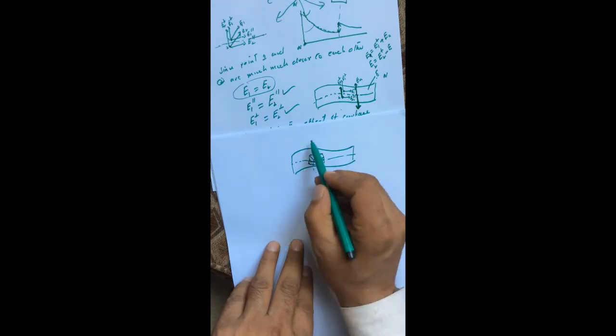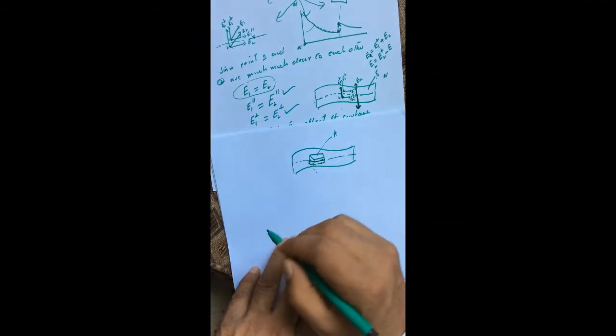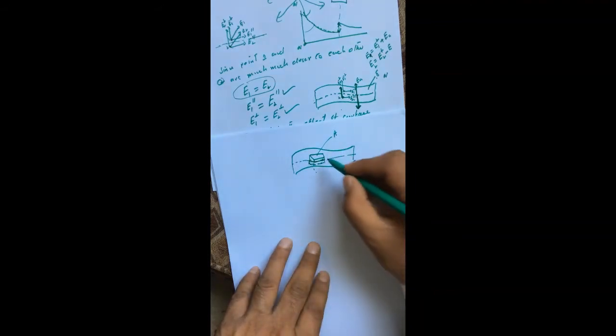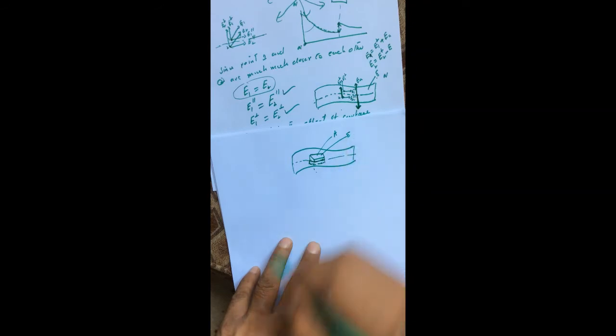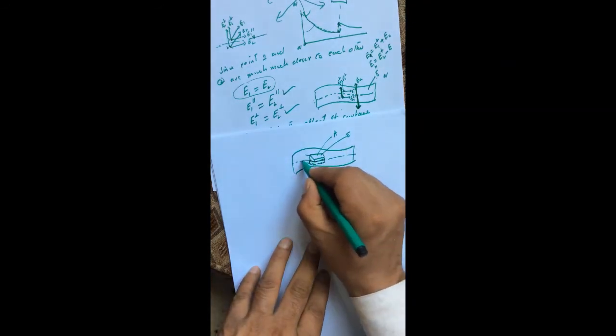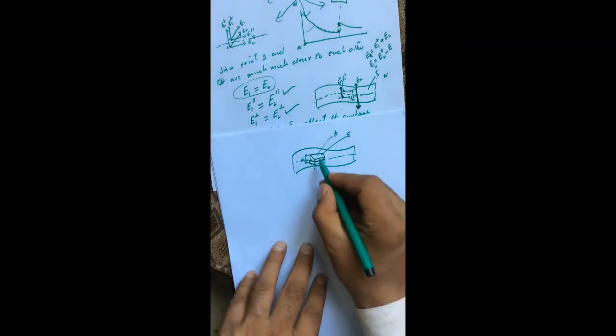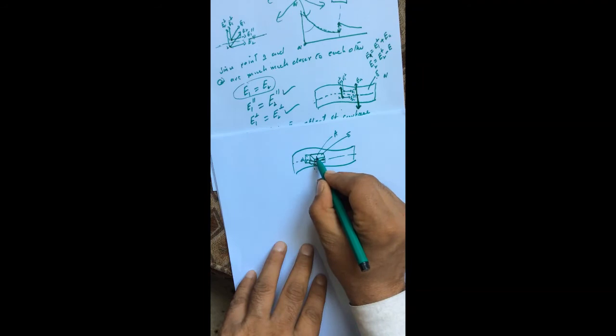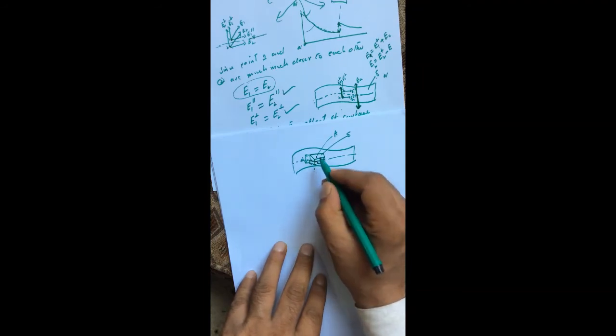And I suppose that this is area A, and it has a charge density sigma, and we suppose that this is the distance d, the width d. So one point is on the above part of this pillbox and the other point is in the below part of this pillbox. This is point 1 and this is point 2.